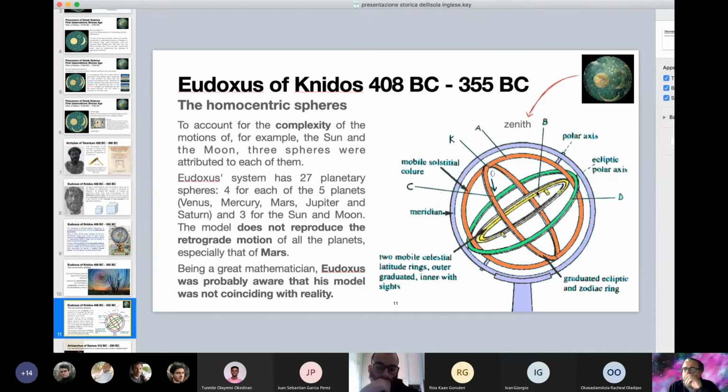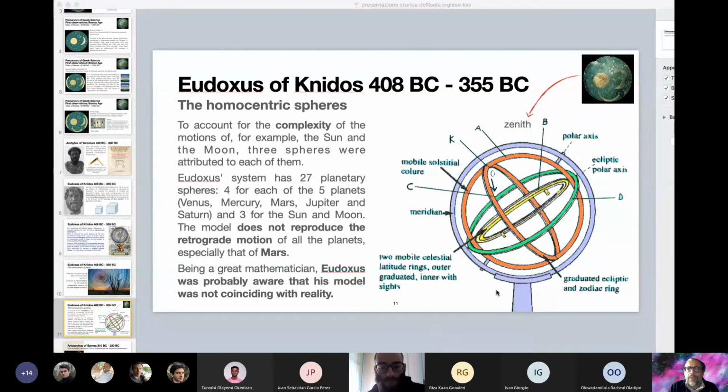So in this picture you have 3 or 4 spheres. You have a pivot connecting one sphere to the other, okay? Then you glue here the planet, and you have the motion of your planet, which is described as the composition of these 3 spherical motions, or 4 spherical motions, okay?